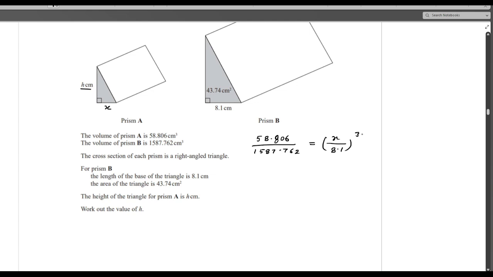As we are comparing the ratio of volumes, it will be x divided by 8.1 the whole cubed.